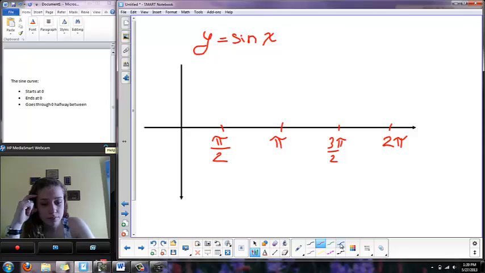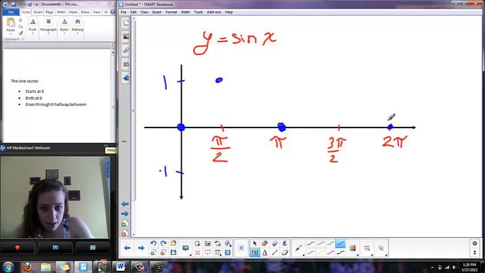Watch. So the sine curve starts at 0, so I'm going to put my 0 right here. It ends at 0, so I'm going to put my 0 right here. Goes through 0 halfway between. Okay, and then in between the first two zeros we reach its max.